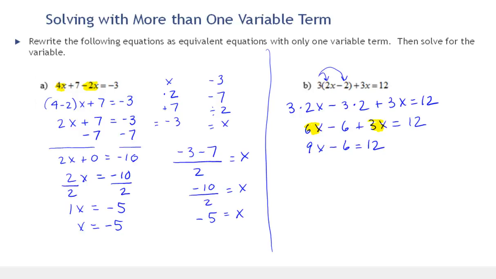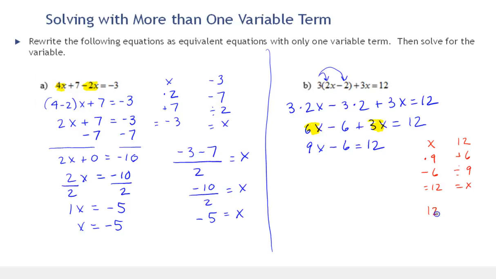So we can use our construct and deconstruct process, so let's write it out. Here we would start with x, multiply by 9, and then subtract 6. Our result would be 12. To reverse this process, we would start with 12, add 6, divide by 9, and our result would equal x.